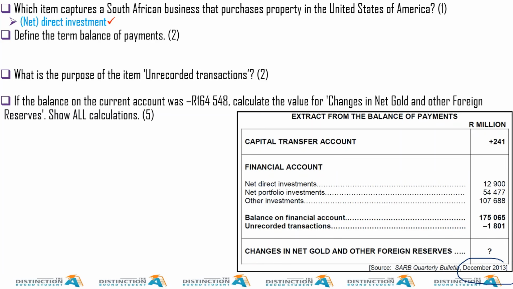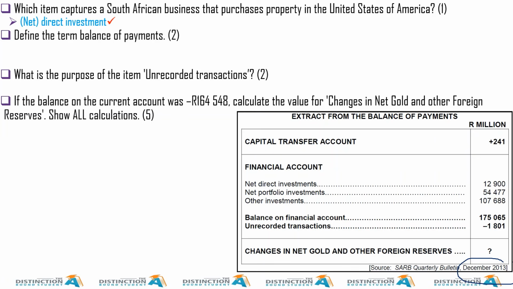So purchasing property in the United States is, I think, more than 10%, because mostly the 10% is what makes us say, is it direct or is it other? It's not portfolio, because portfolio is done through a stock market. So it's not purchasing of shares through a stock market, so it can't be referred to as portfolio.